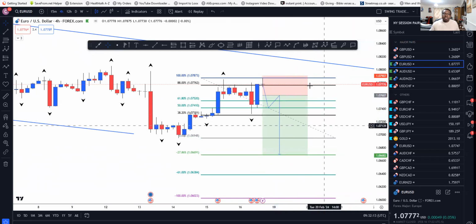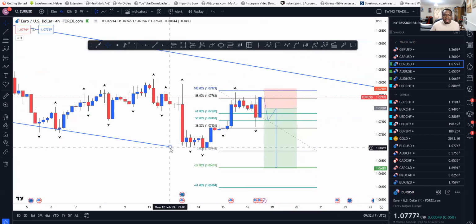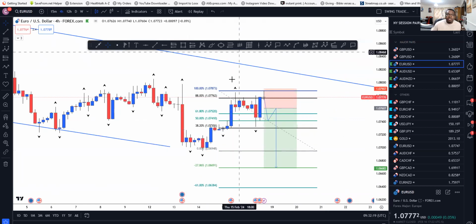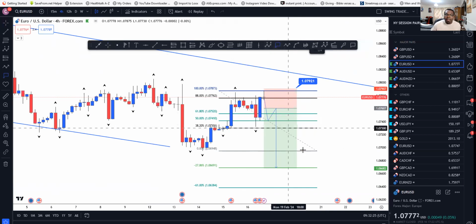So that would be my setup for Euro USD, because I am expecting price to take out this liquidity low. So if you're watching, that's what I'm looking at on Euro USD. That's my stop loss there. This is my entry. This entry will be after I find my break.